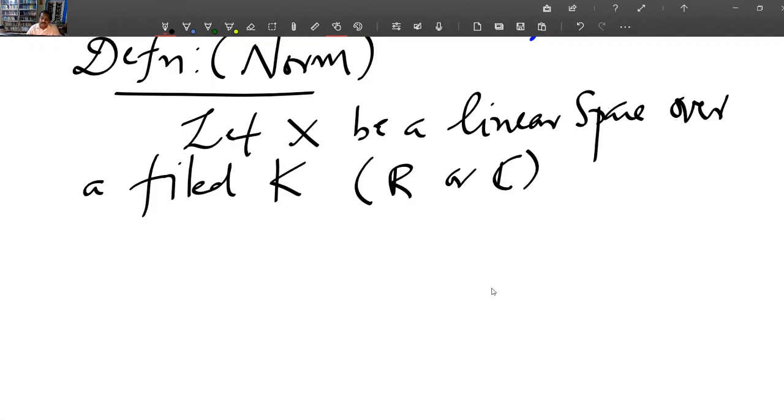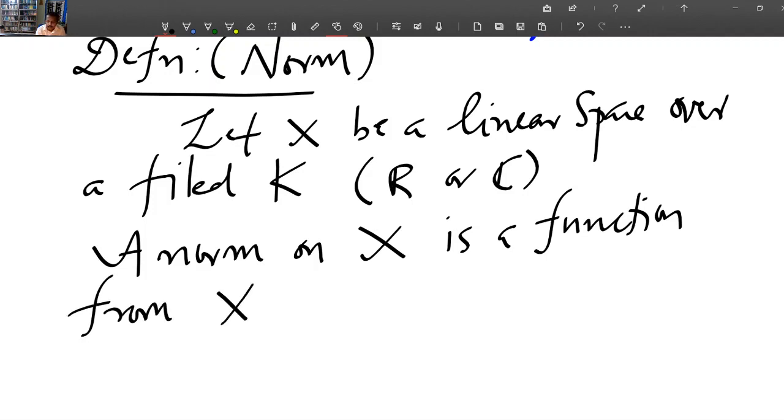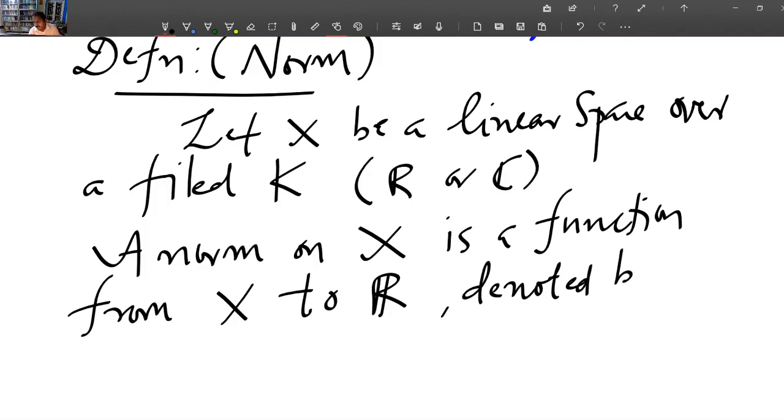A norm on X is a function from X to R, the set of reals, and it is denoted by this notation.